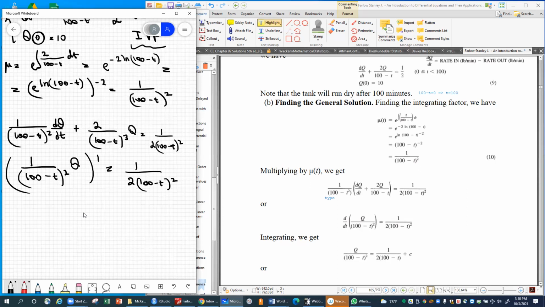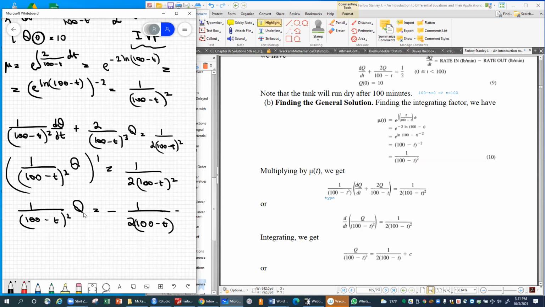Okay, so now you have 1 over (100 minus t) squared here, integrating. So it's integrating a power of minus 2, so it's minus 2 plus 1, minus 1, divided by minus 1, meaning it's that to the first power.